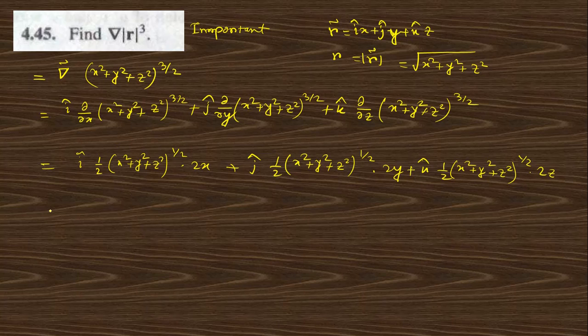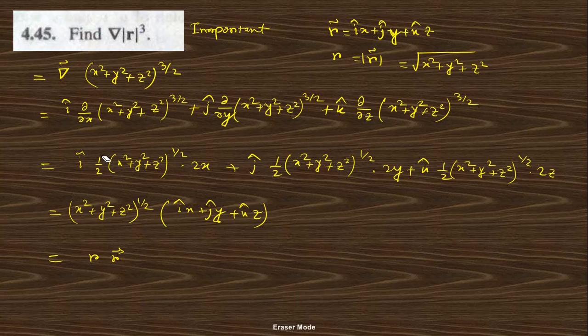The half and 2 cancel out, and taking x square plus y square plus z square whole to the power half as common, you get i cap x plus j cap y plus k cap z. So this is nothing but the R vector.